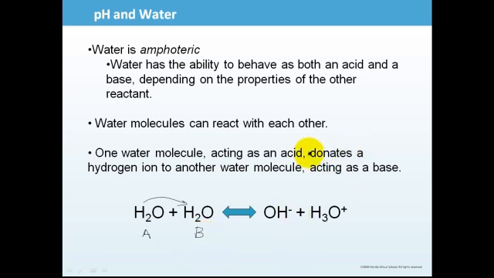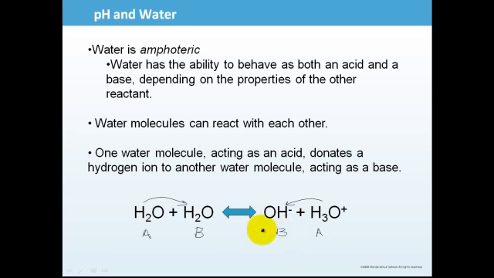We also learned in those earlier lessons that we can also do the reverse reaction. So in this case, for the reverse reaction, the hydronium ion, the H3O+, is donating to the hydroxide to get our original reactants. So in this case, this is our acid, and this is our base going in the reverse reaction.